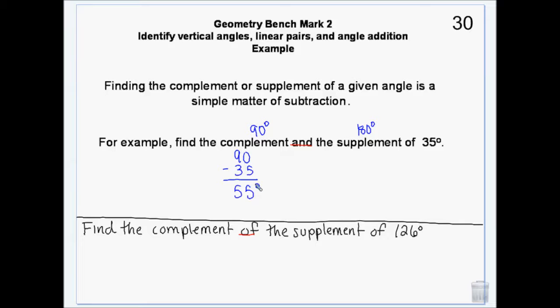Now, the supplement of 35 needs to add up to 180, so I do 180 minus 35. And I get 145 degrees. So this word "and" tells me I'm doing two problems. And those are your answers. The complement is 55 degrees. The supplement is 145 degrees.